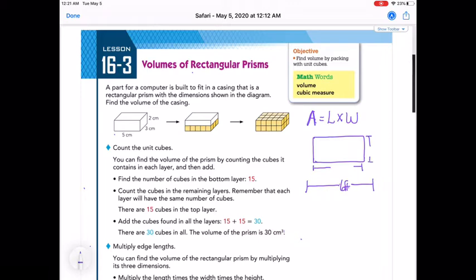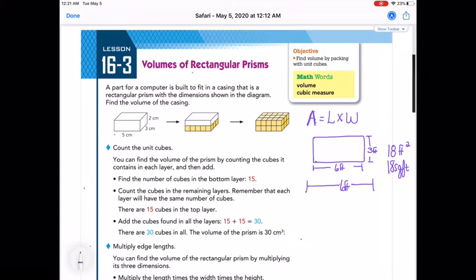and we have width. So if we have a bedroom that is 6 feet long and 3 feet wide, we multiply length times width, we get 18. But for the feet, we put this little 2 there, and it means that this area is 18 feet squared, or 18 square feet.